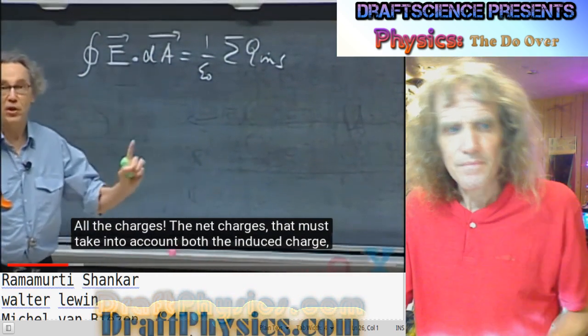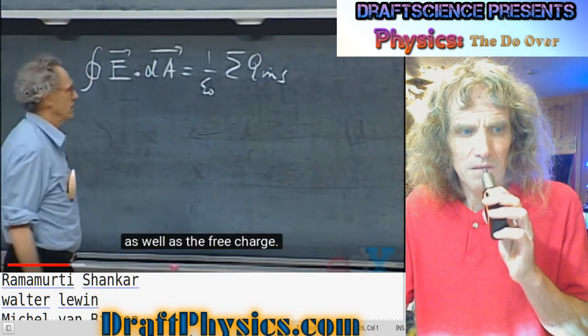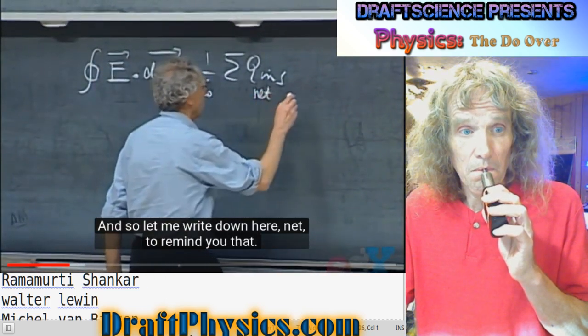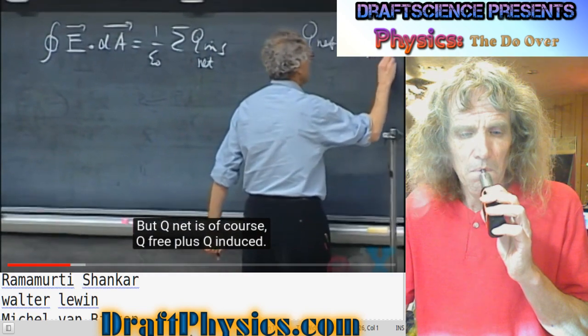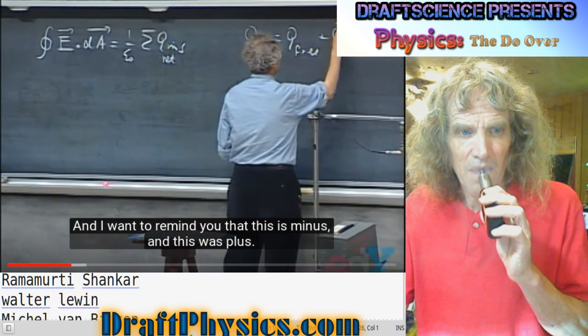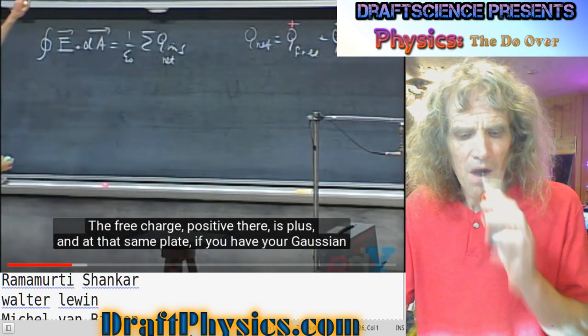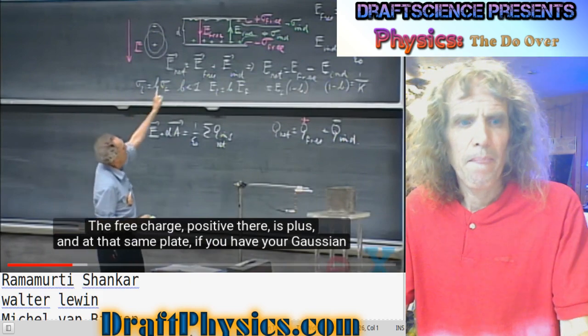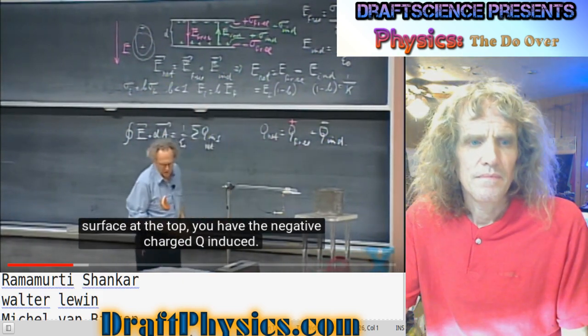All the charges, the net charges, must take into account both the induced charge as well as the free charge. And so let me write down here net to remind you that. But Q net is of course Q free plus Q induced. And I want to remind you that this is minus and this was plus. The free charge, positive there, is plus, and at that same plate, if you have your Gaussian surface at the top, you have the negative charge, Q induced.